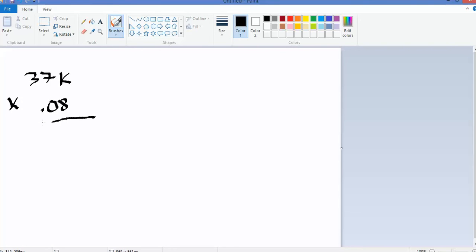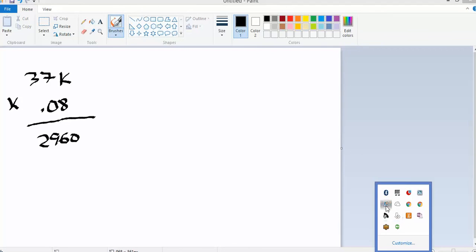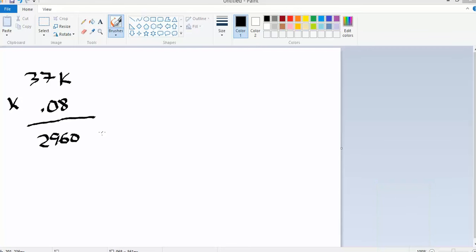That's the number of shares we're going to have as a dividend out in the world. So 37,000 times 0.08 is 2,960 shares. So the stock dividend is going to be this many shares.